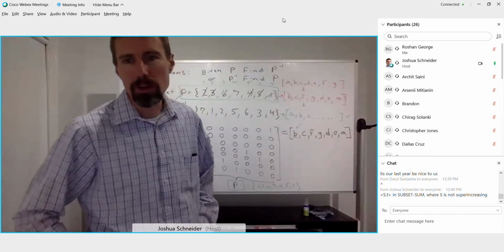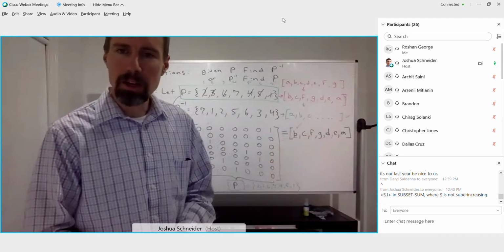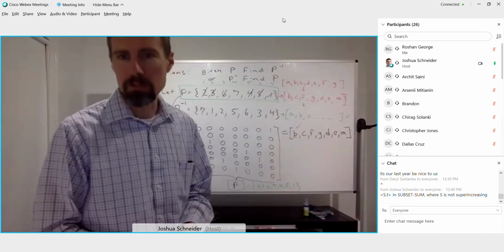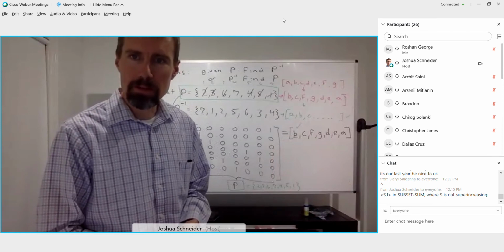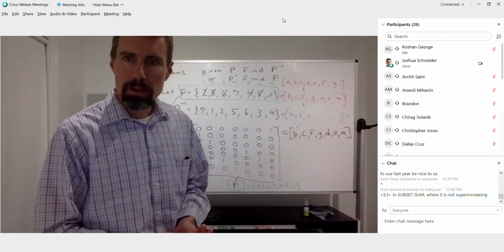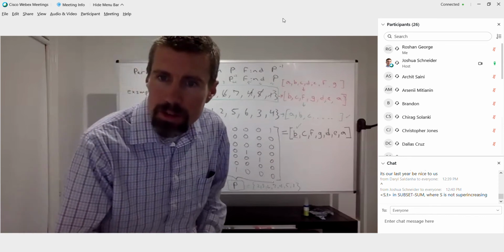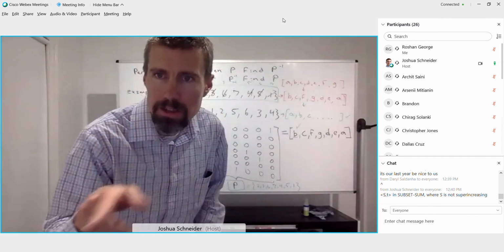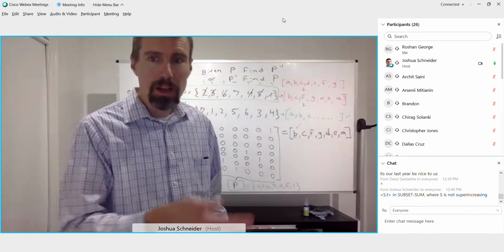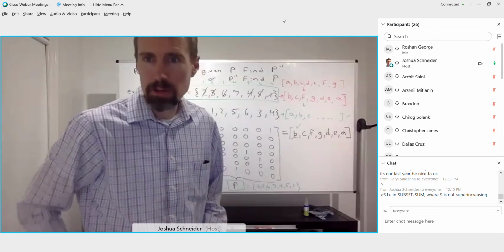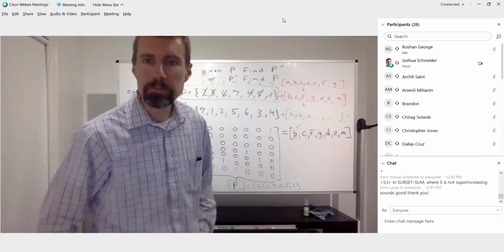If you don't, it's 2 to the n minus 1, but still, that's exponential time in the number of objects you've been given. So I guess your question is, can't I just sort the set and apply it? You can sort it, but if it's not super increasing, that doesn't help you.